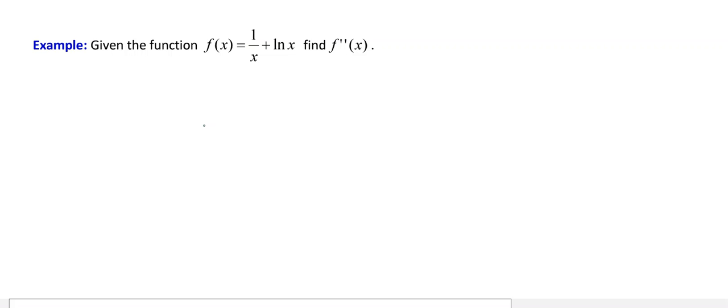So now we have something that looks a little bit different. We just want to find the second derivative. Unfortunately, we have to go through the first derivative. So to find that, I'm going to want to rewrite this function as x to the negative 1 plus the log of x.